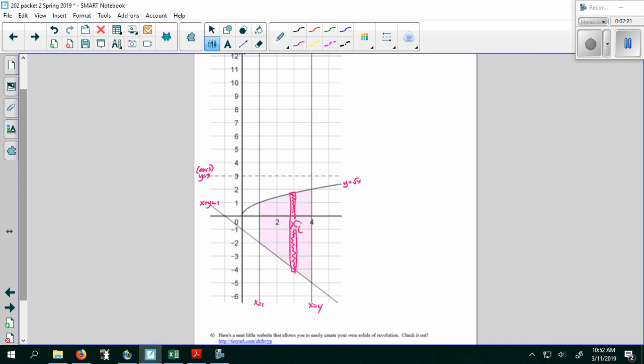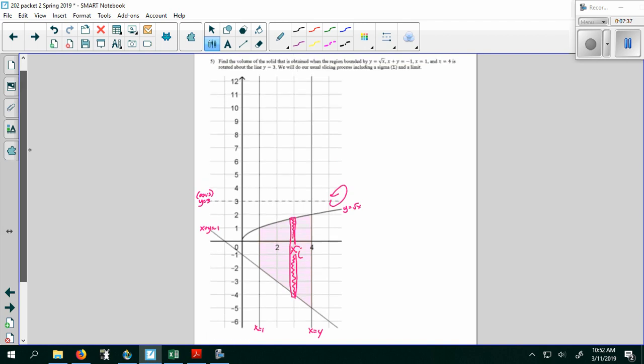And I want to imagine rotating it about the line y equals 3. It's going to come right out of the board, land up on top, so we'll have a reflection up above the line, and then it's going to go behind the board and sweep around. So I'm going to draw the reflection up above this line.